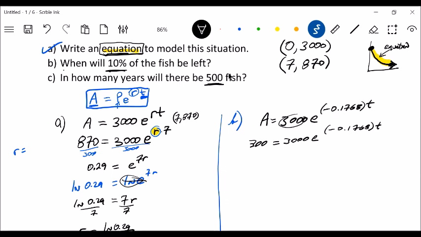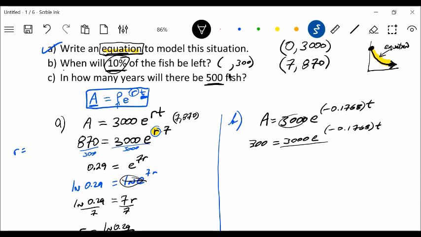0.1768 t. So that's what we're looking for, is 10% when there was originally 3,000, which means we don't know the amount of time, but we know the amount's 300. So we put in that amount of 300.